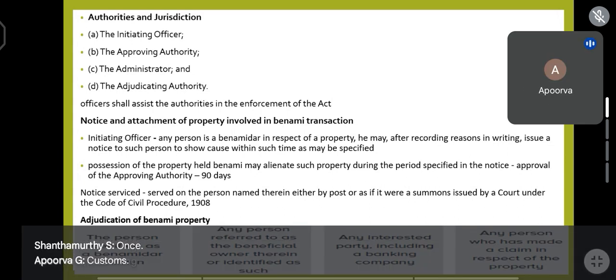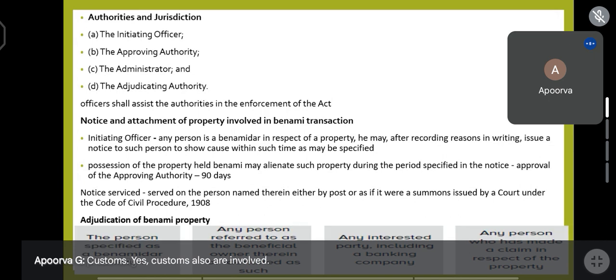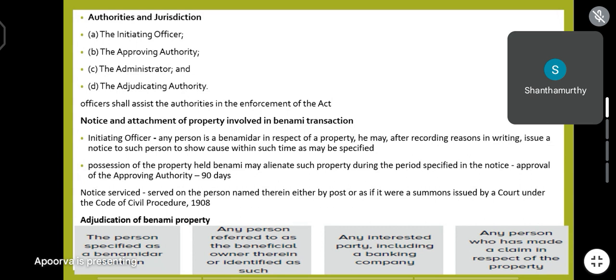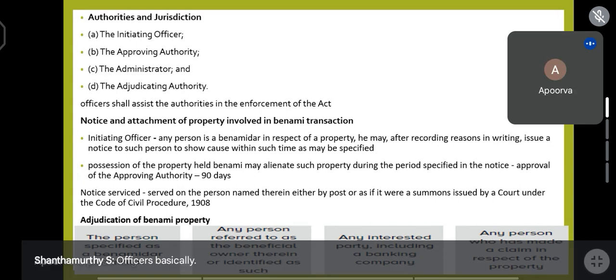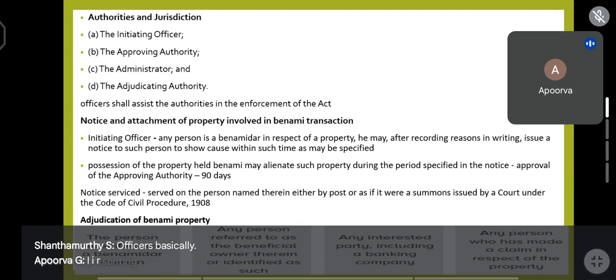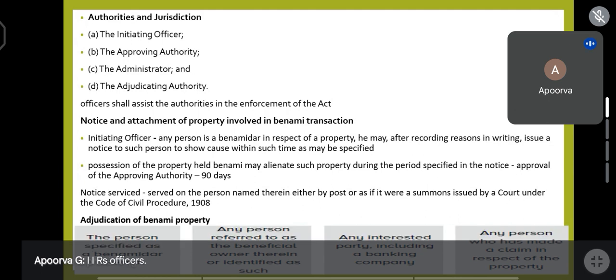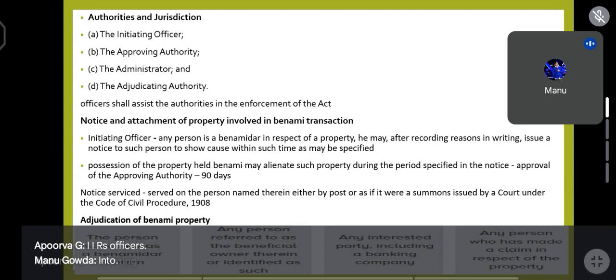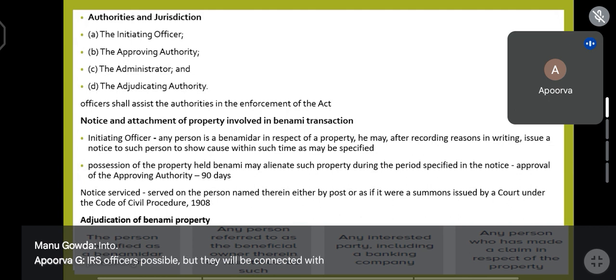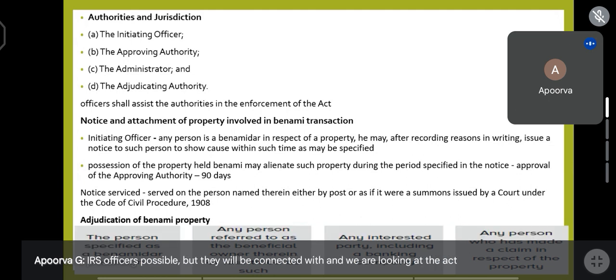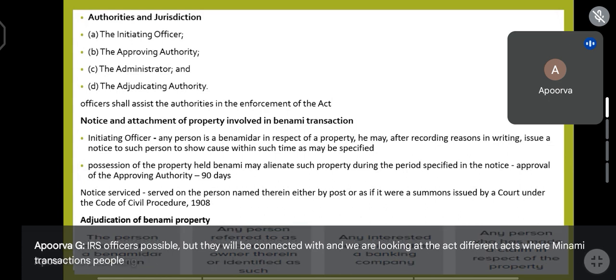Customs, yes. Customs also are involved. IRS officers, basically. IRS officers possible, but they will be connected with the Acts. We are looking at the different Acts where benami transaction people are involved.